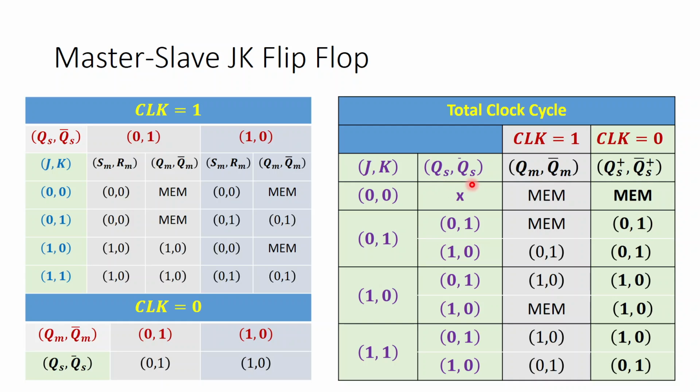And if QS bar was 1 0, then QM bar becomes 0 1, and QS bar plus also becomes 0 1 when clock is 0. Similarly, when JK is 1 0, for QS bar 0 1, QM bar becomes 1 0, and when clock equals 0, meaning clock is low, this 1 0 comes to the output QS bar and makes it 1 0.